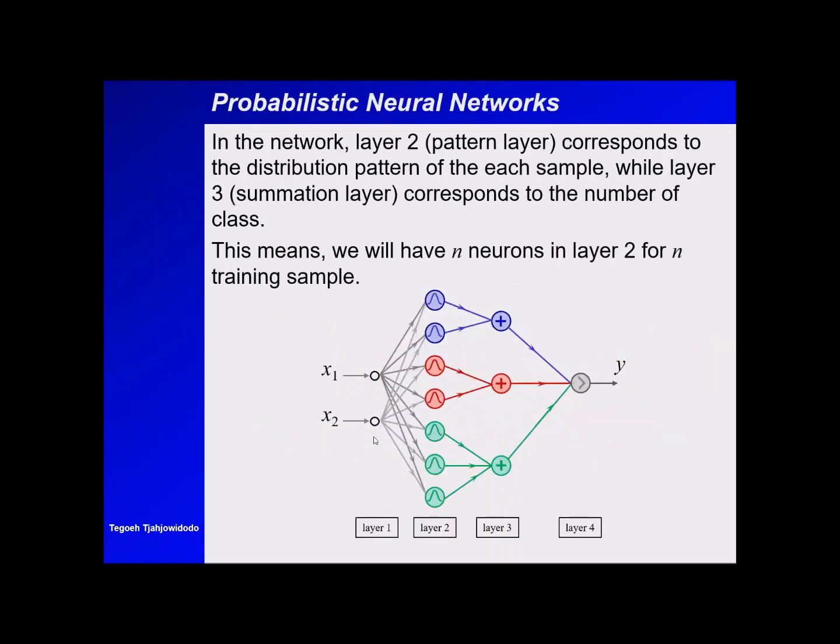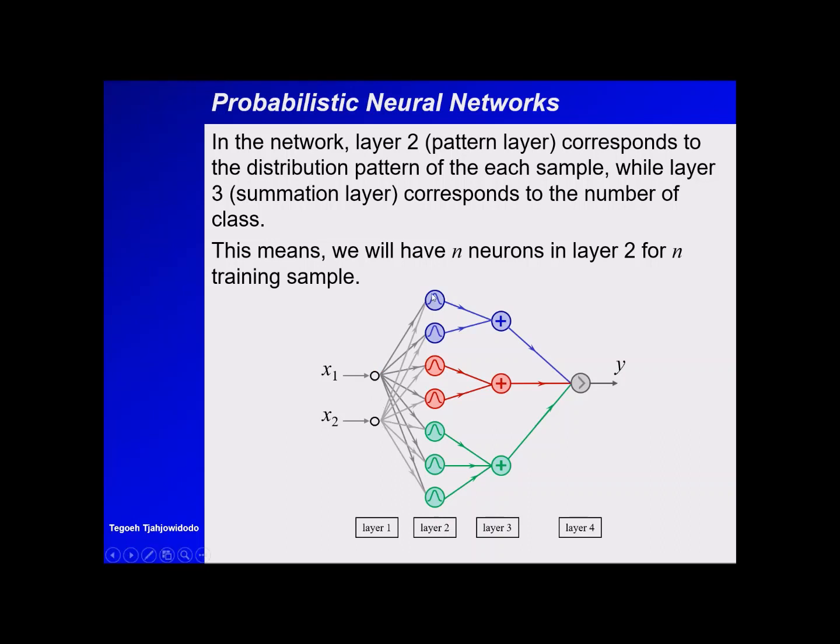Now let's go back to the network itself, the probabilistic neural networks. As I have already mentioned, the structure of this network is pretty fixed. We always have four layers. The first layer is the input layer. So if you have two inputs, then you will have two neurons in the first layer.